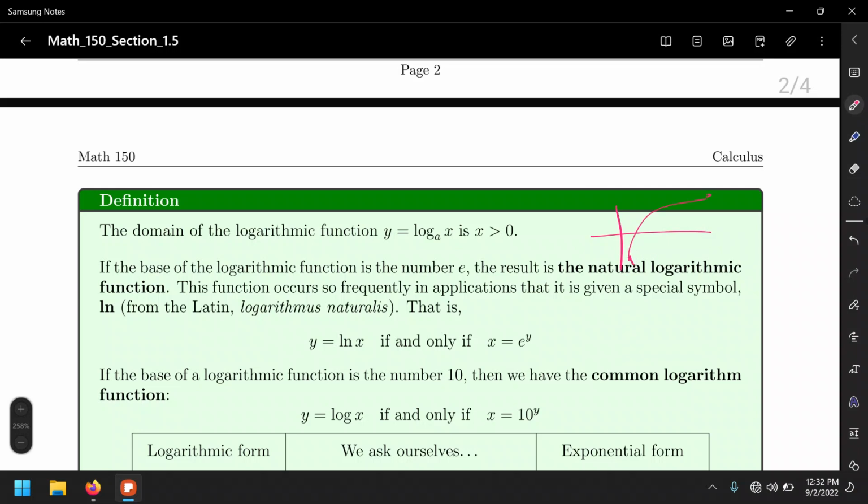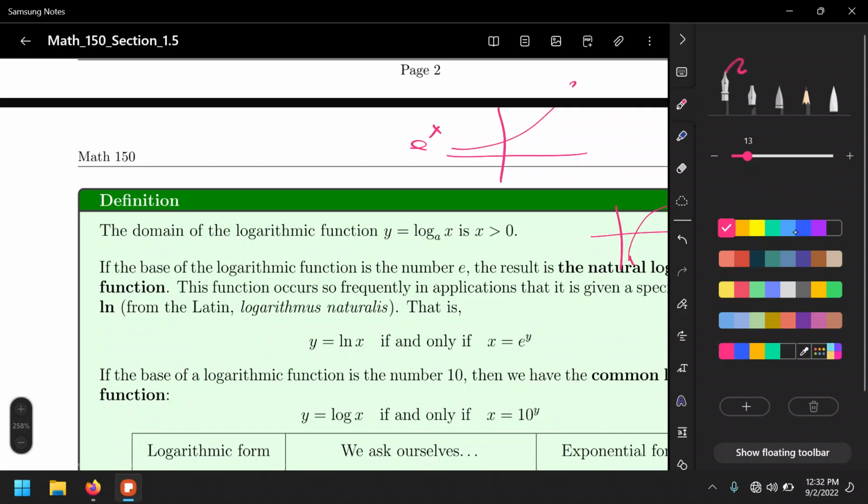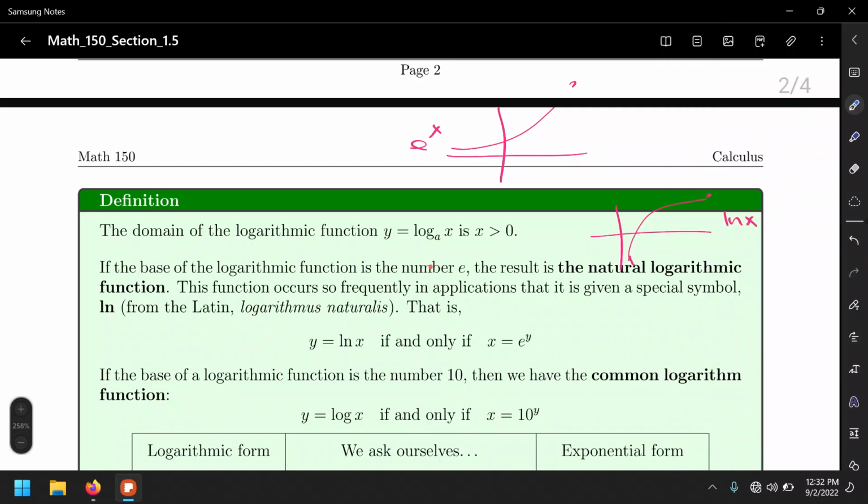All right, and in comparison with the exponential function, let me call this ln of x for now, and let me compare this with e to the x. So the exponential function increases that way, and it has a horizontal asymptote. All right, just so we can see the differences between the function and its inverse. There is this invisible or hard to see horizontal asymptote that we usually don't draw, but it's there.